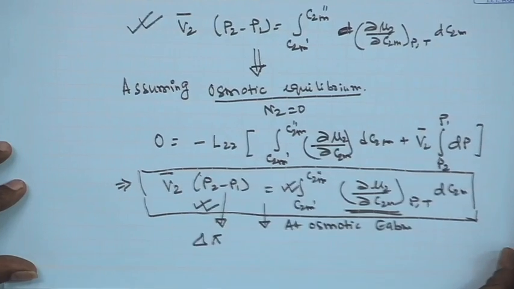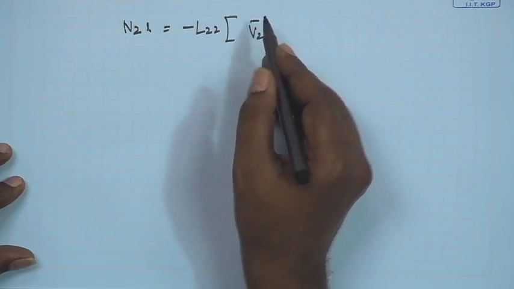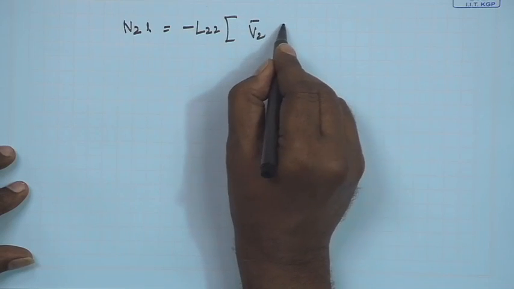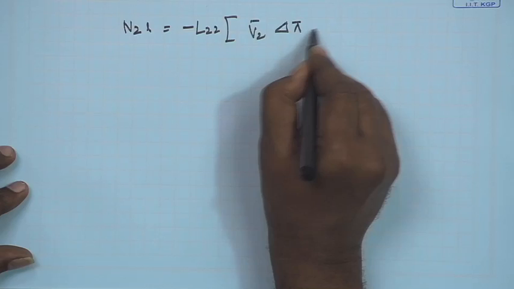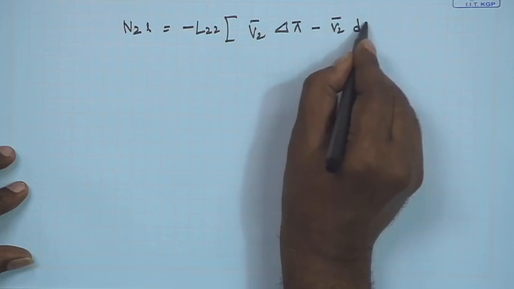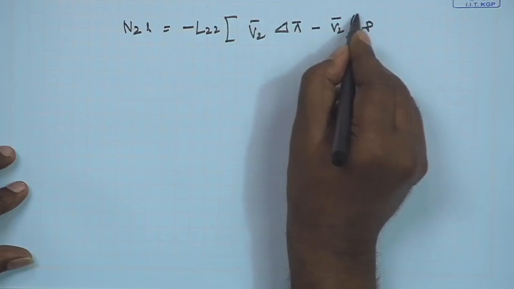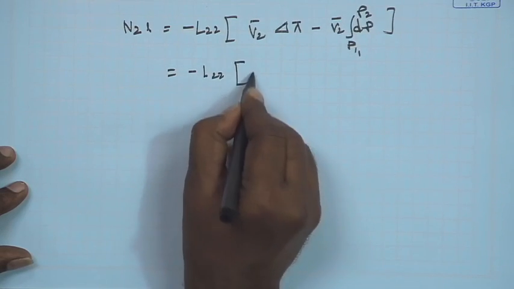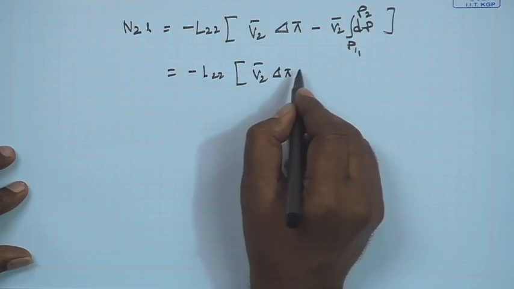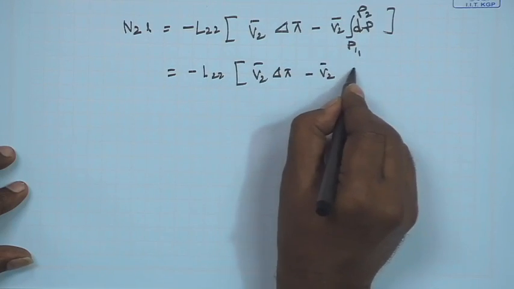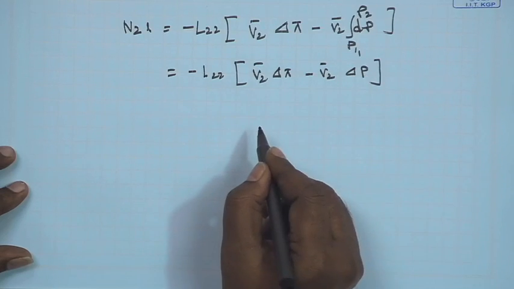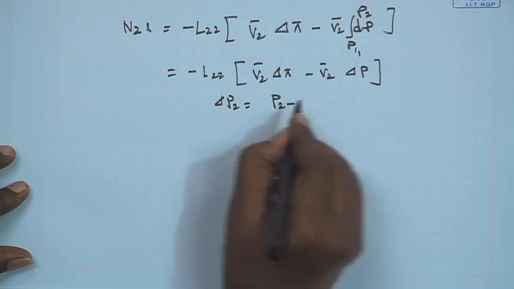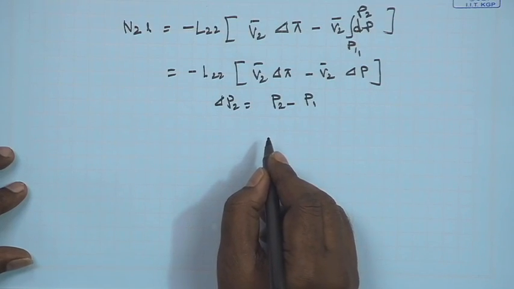Therefore, we can now write the governing equation of solvent flux as N2 L is equal to minus L2 to V2 bar times delta pi minus V2 bar delta p, where delta p is nothing but P2 minus P1. P2 is the higher pressure, the pressure in the feed side, and P1 is the pressure in the filtrate side.